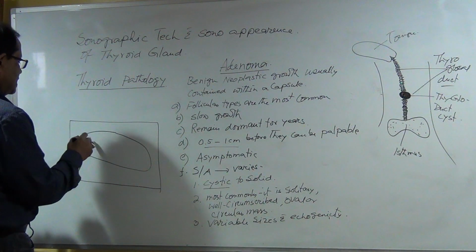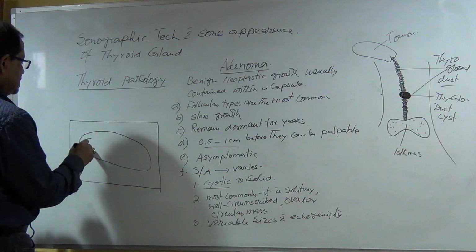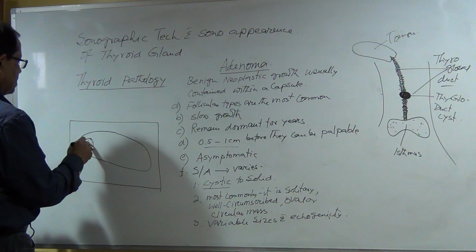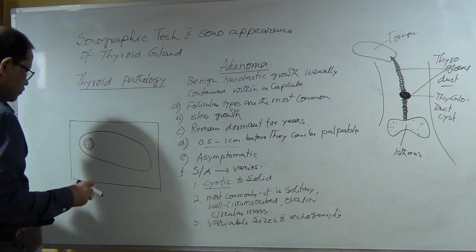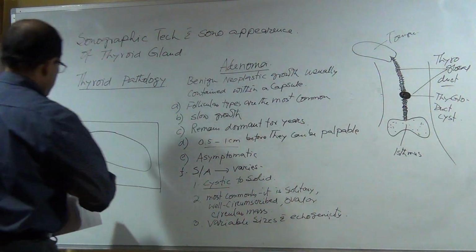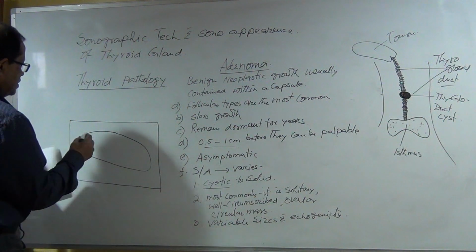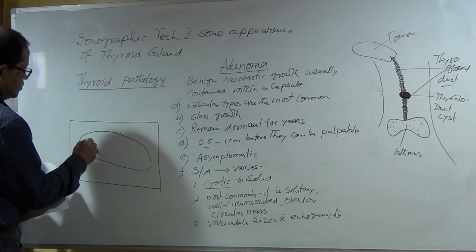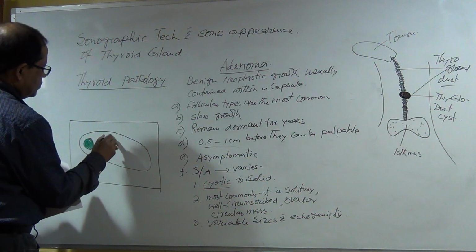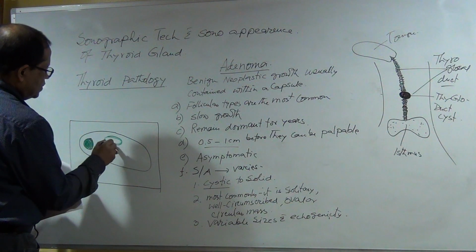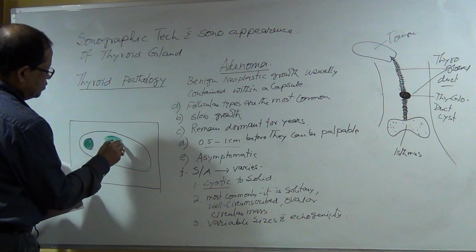So normally, if I draw the diagrams, so this is thyroid gland. It's better to draw with a different color. Usually it is homogeneous. You might see singular, you might see more.